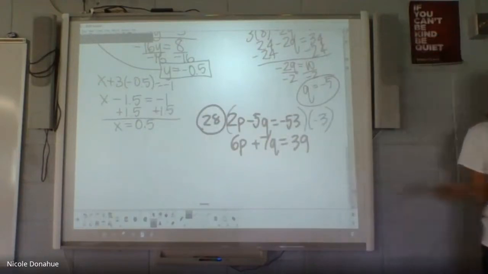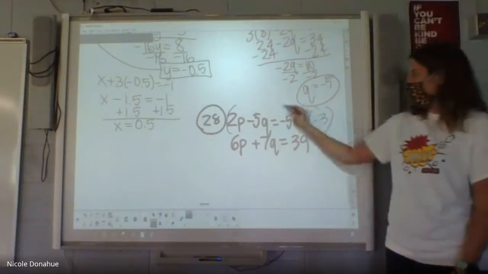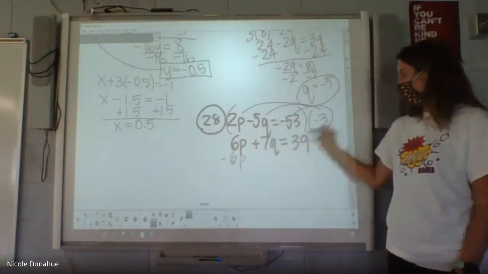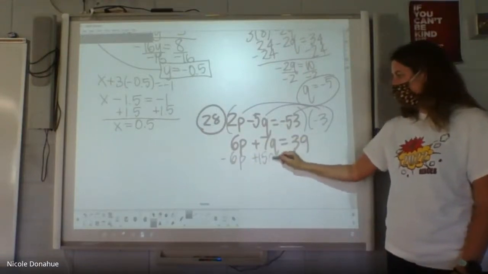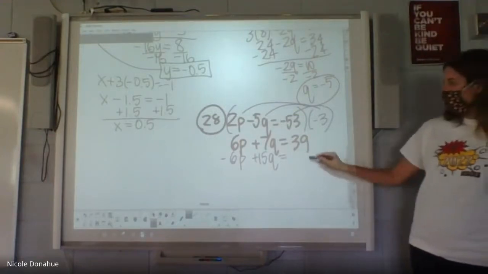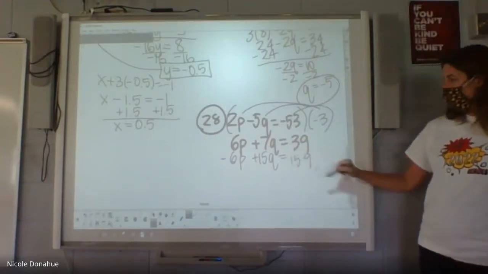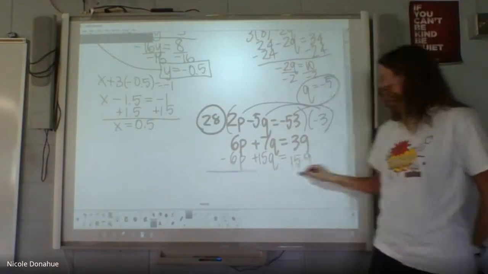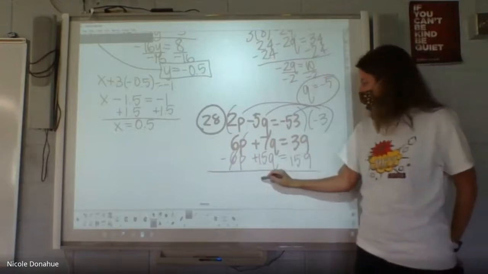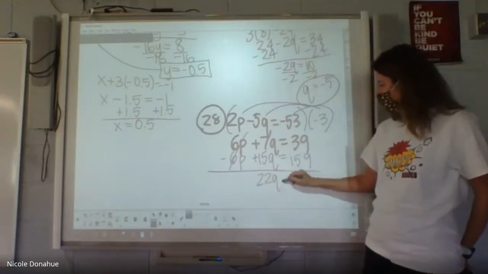There are some big numbers here, so it's totally understandable that you had some issues with that. There's -6p, a positive 15q, and then multiplying here, it's going to be a positive 159. This is 22q.